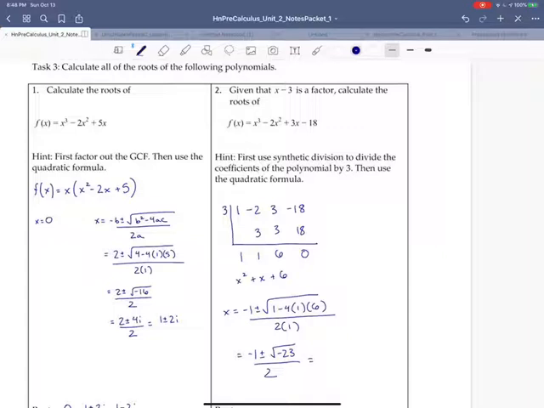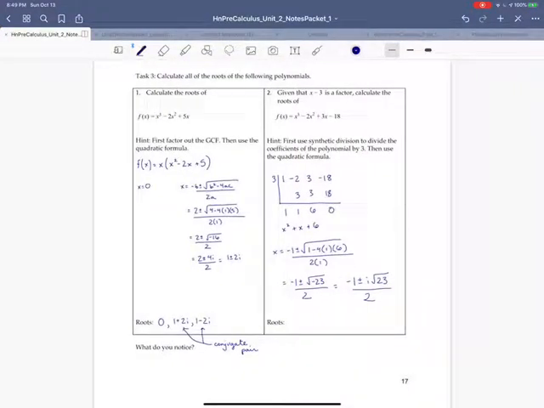The square root of negative 23 we can rewrite as i root 23 by factoring out the square root of negative 1. So we have negative 1 plus or minus i root 23 over 2.